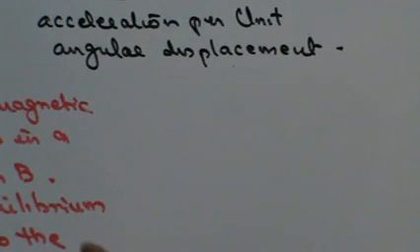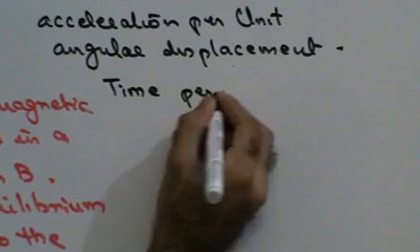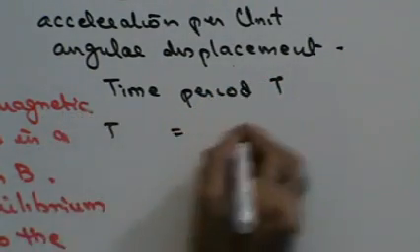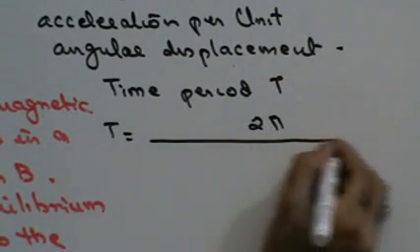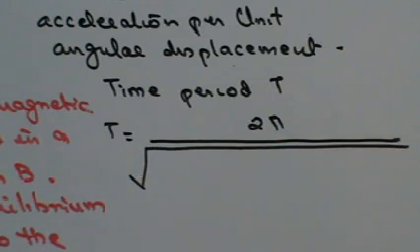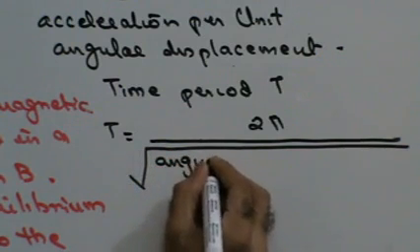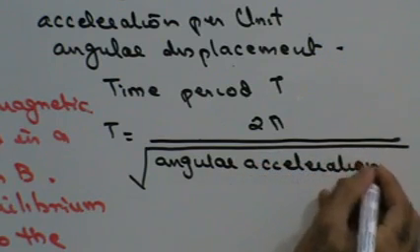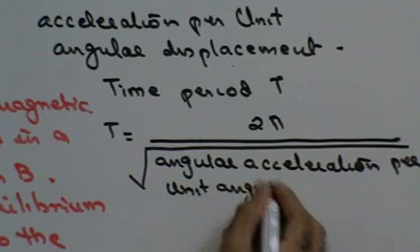So, we know that the time period T is given by the formula, for an angular SHM, 2 pi upon square root of angular acceleration per unit angular displacement.